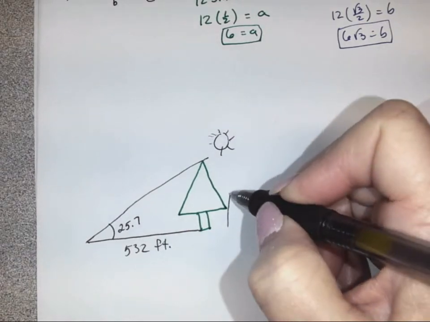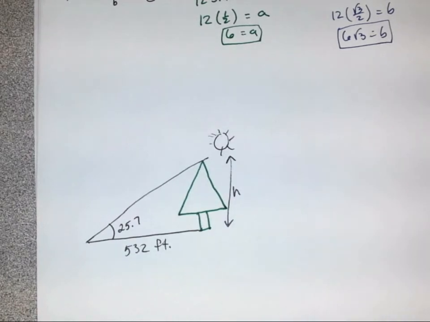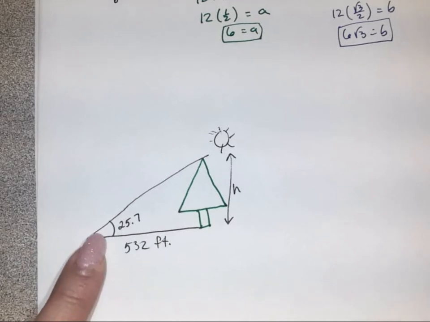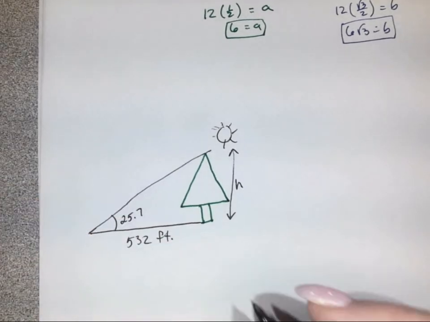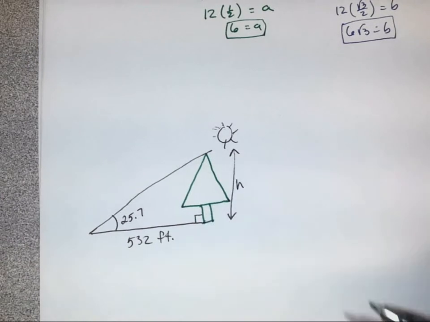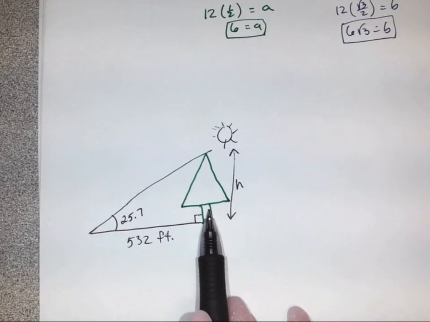Well, our height is on this part right here. This is the height of the tree. So we have to look at what we know and what we're trying to find. So we have our angle, and we're assuming that the tree grew straight up, so we can use our right triangles.